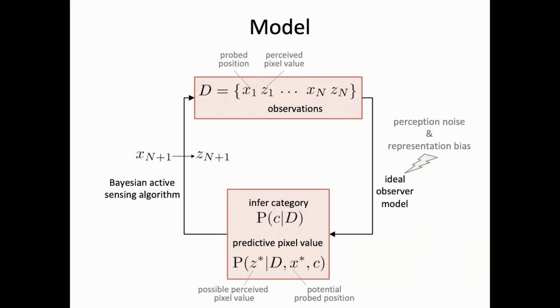We also know that humans have noise in their motor system. That is, even though they planned to look somewhere, they will end up looking somewhere else. This is particularly true in our active revealing conditions, where saccades were usually made to a place without a visual target. Now I will go through in more detail what this Bayesian active sensing algorithm is.